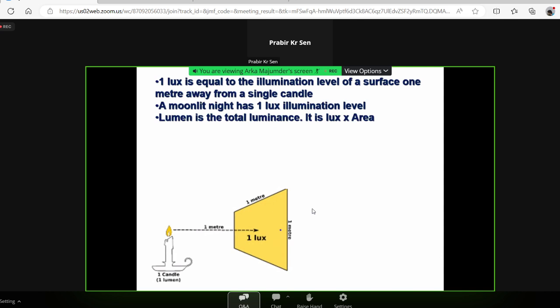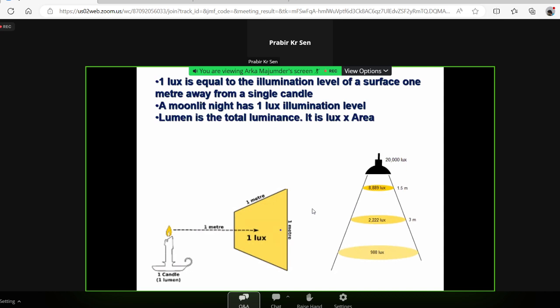That means more lux, because the electric lamp is producing lumen and you are using it in a smaller area. So you divide by a smaller number and get more lux level, more illumination. If you use the same lumen for a larger area, you divide the lumen by more area to get the lux level, so you get less illumination. So illumination level is lux, but what the lamps are producing is lumen, energy.